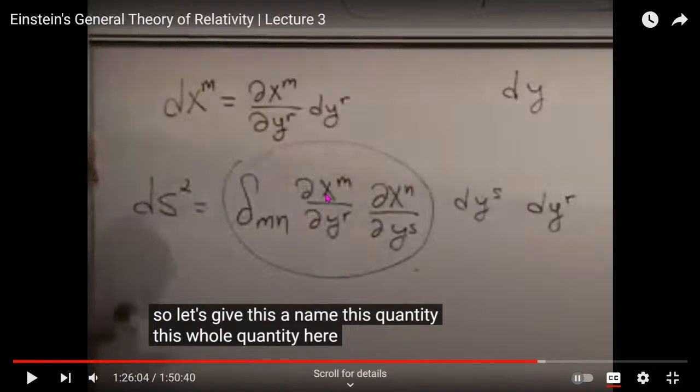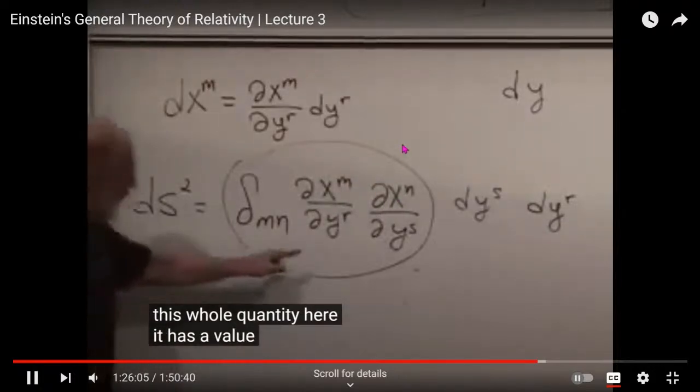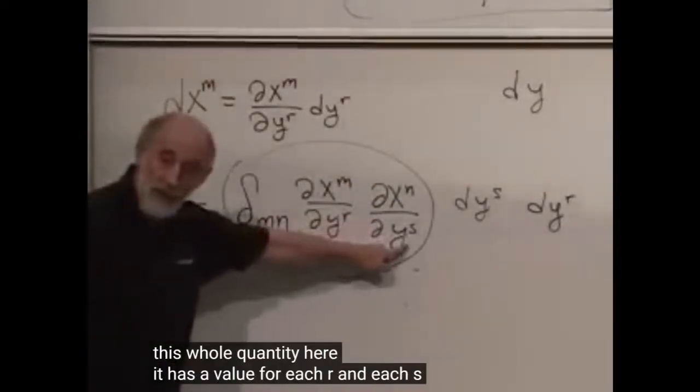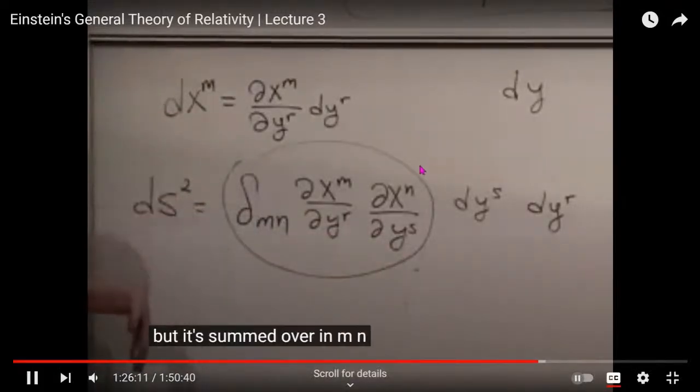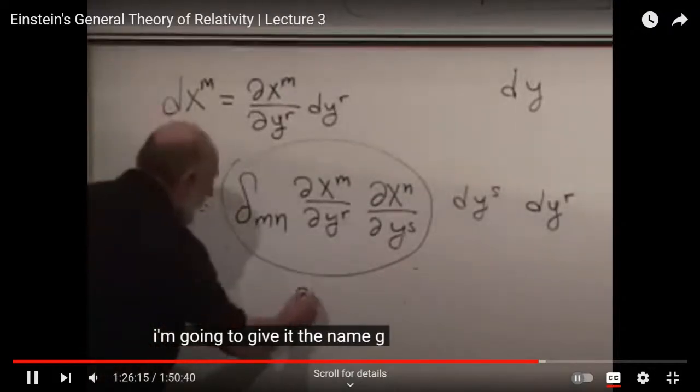So only for x in the same direction. It has a value for each r and each s, but it's summed over in m and n. I'm going to give it the name GRS.